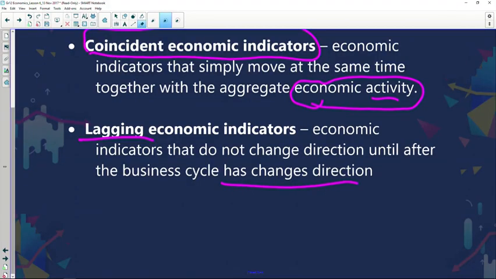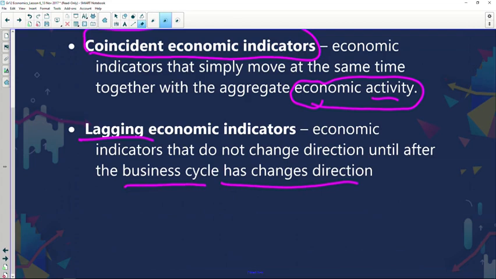So just know the difference between the leading and the lagging economic indicators, and just know that these ones do not change direction until the business cycle has changed direction.